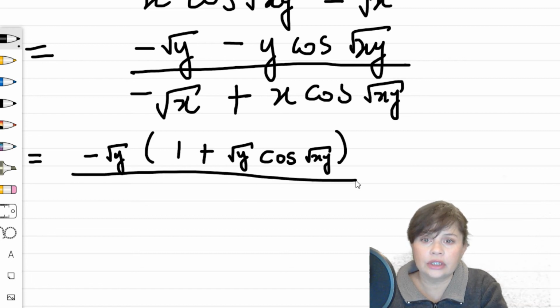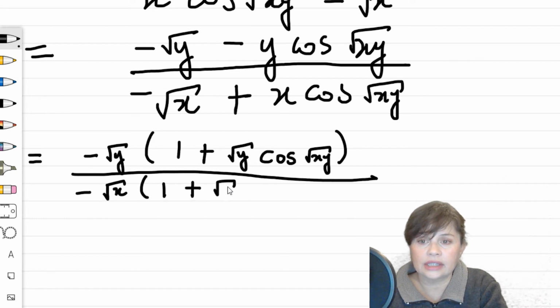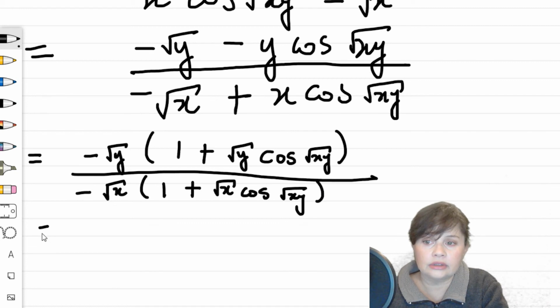And put everything over. What do I need here? I need a 1, which means I need to factorize this out. So that becomes minus square root of x times 1 plus, this is the same as the numerator, xy, and that is going to be equal to, those cancel, the minus and the minus.